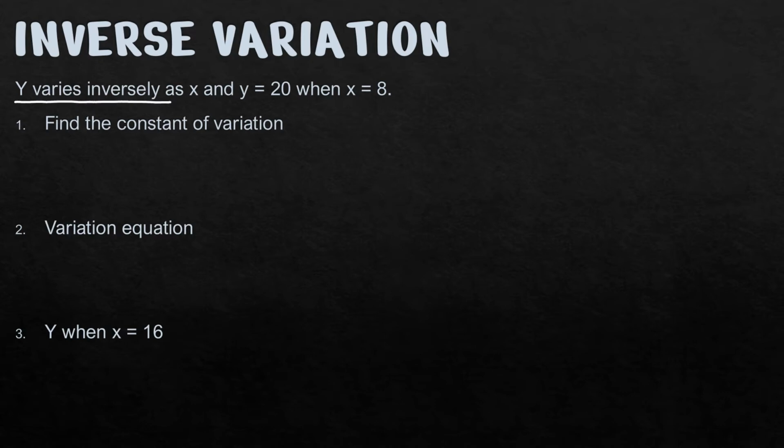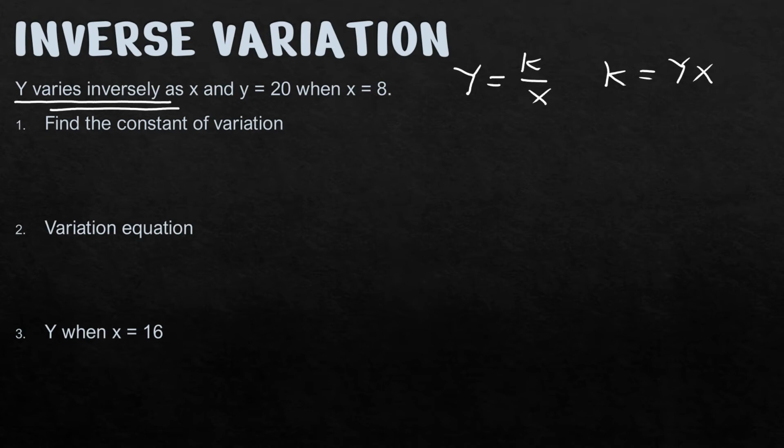So, we have here y varies inversely as x. If we're going to write that, as on the previous slide, y is equal to k over x. Now, for inversely, to find the constant, we're going to multiply y and x. So kanina, nag-divide tayo. Ngayon naman, magmumultiply para makuha natin yung constant.